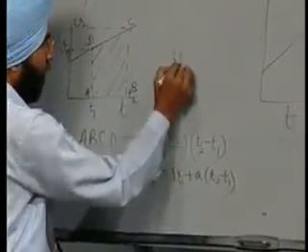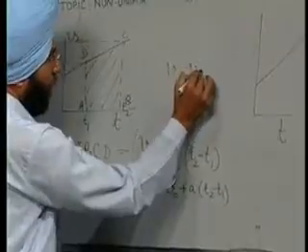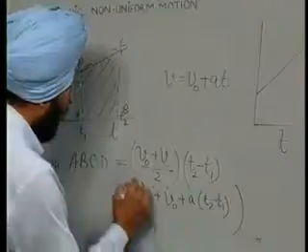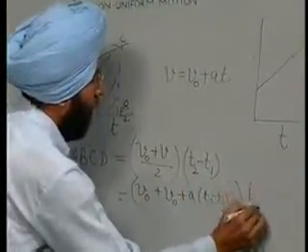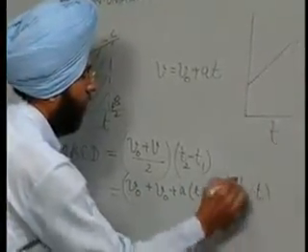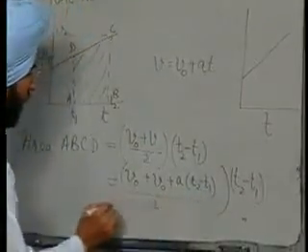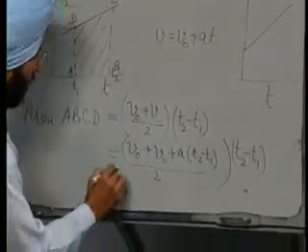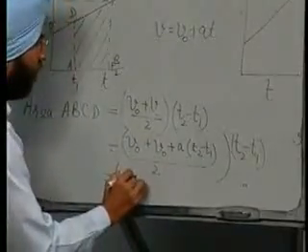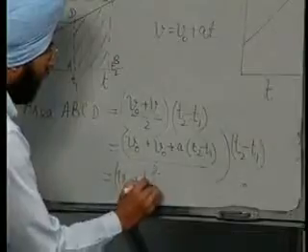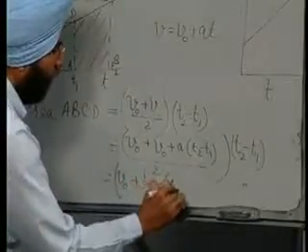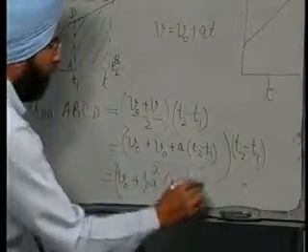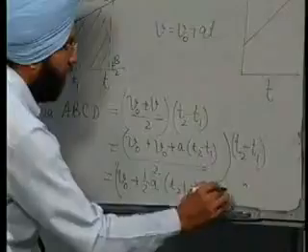Using this equation, V is equal to V 0 plus A T, into T 2 minus T 1. So, we have V naught plus half A T 2 minus T 1 whole multiplied with T 2 minus T 1.